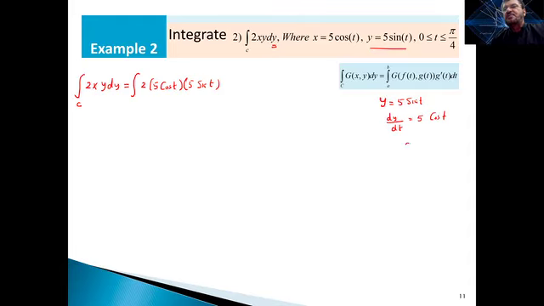Bring dt here. So dy is equal to 5 cosine t dt. So now here, 5 cosine t dt, this is dy. Done. And he says from 0 to pi over 4 only.